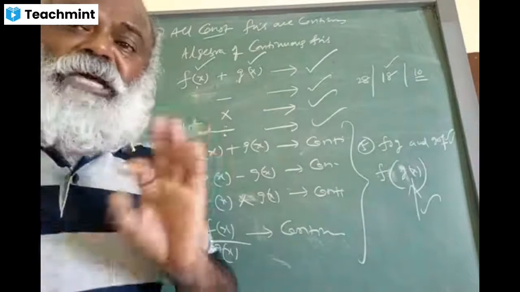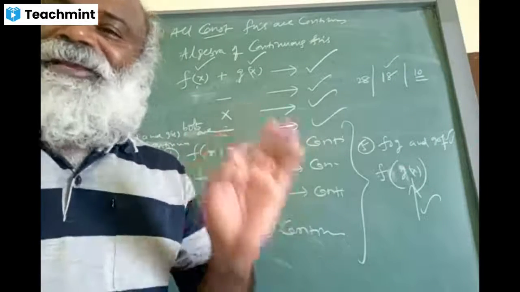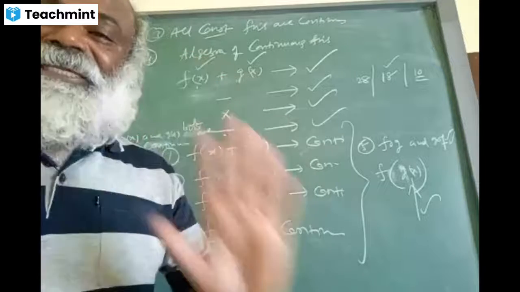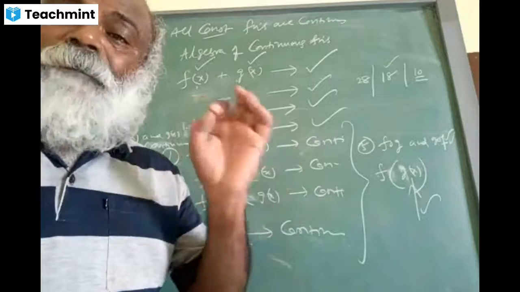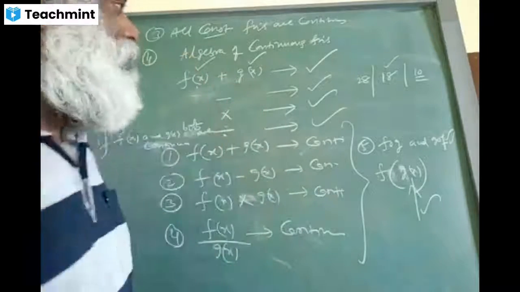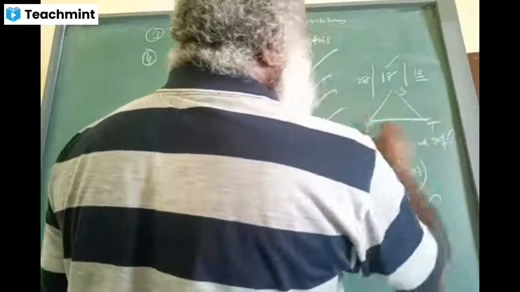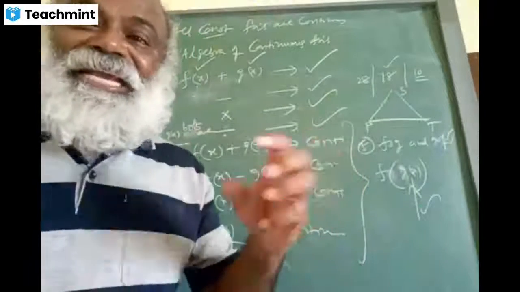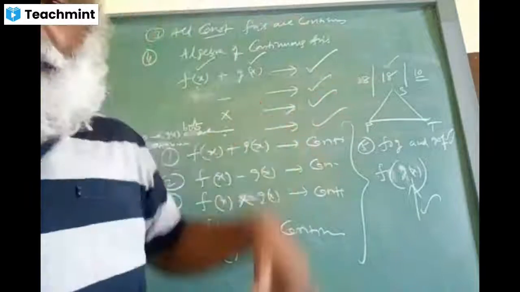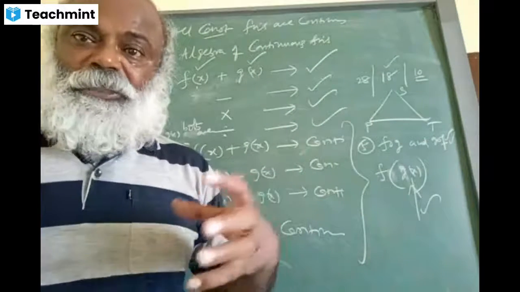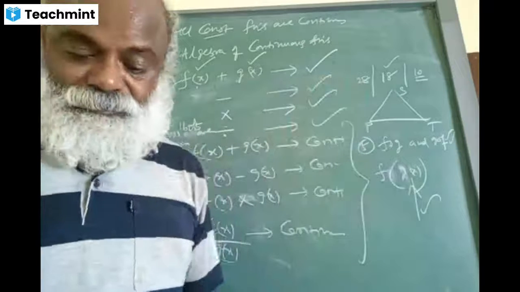If both are fantastic, nobody can stop it. All your dreams will become reality, my dears, provided the child, the parent and the teacher, the triangle, are in sync. If these three are in working partnership, then miracles will happen in student life.